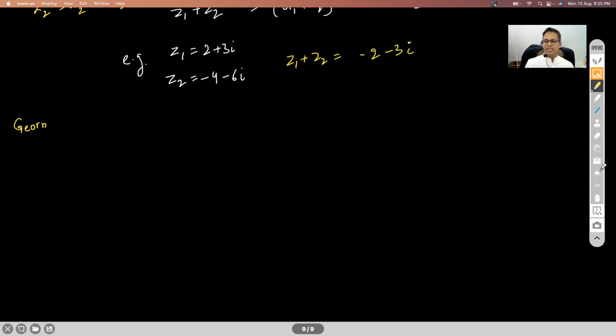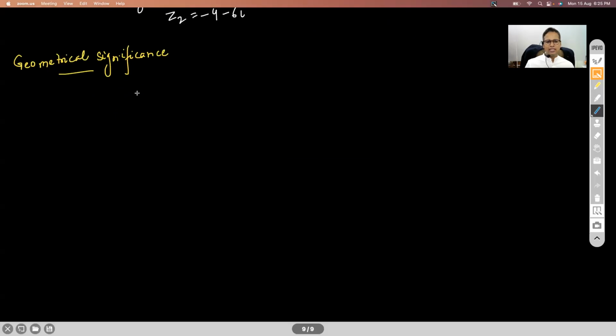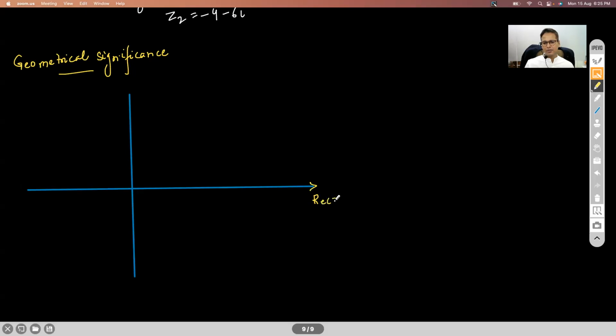So, geometrical significance of addition of complex numbers. Now let us say I have this as my Argand plane. On this Argand plane I have two complex numbers, Z1 and Z2. Let's say I take Z1 here.